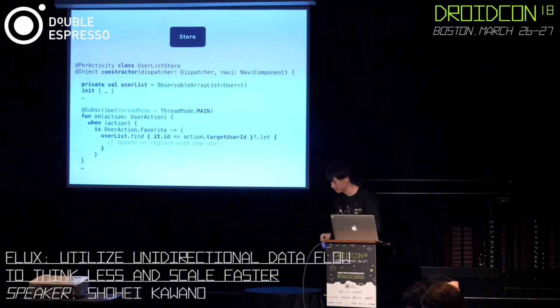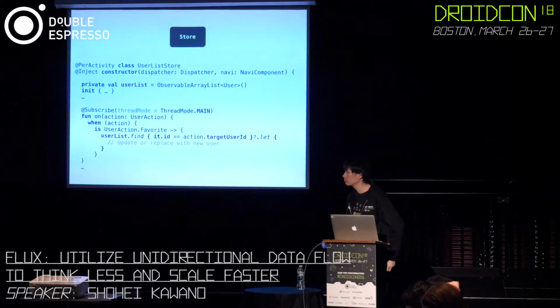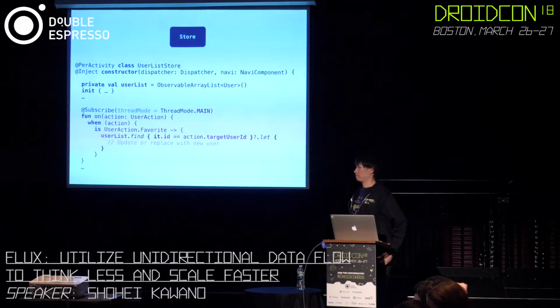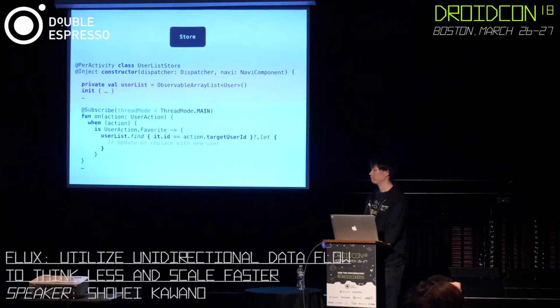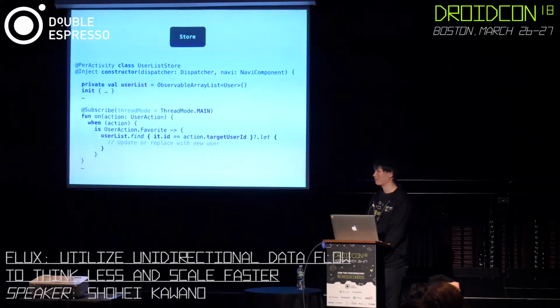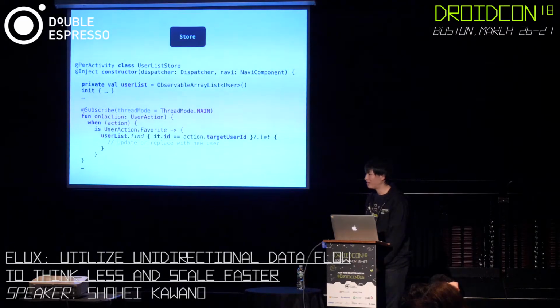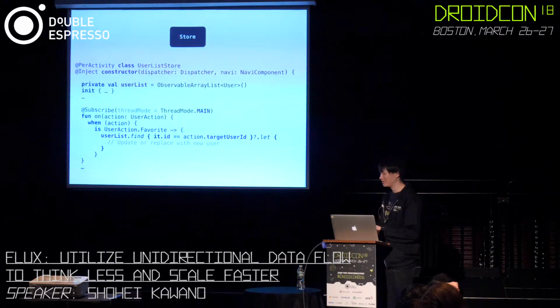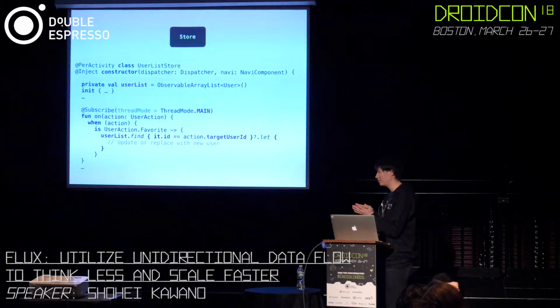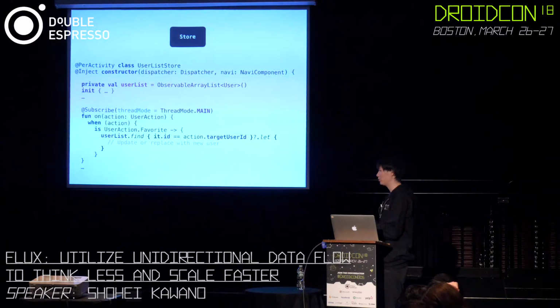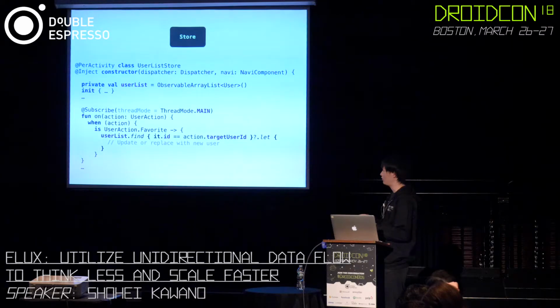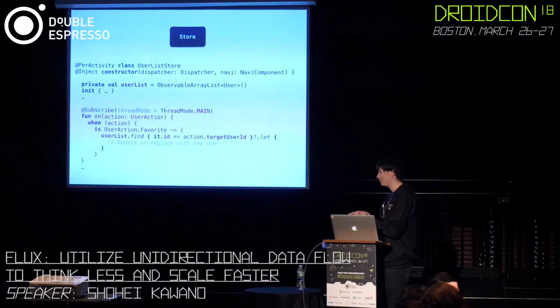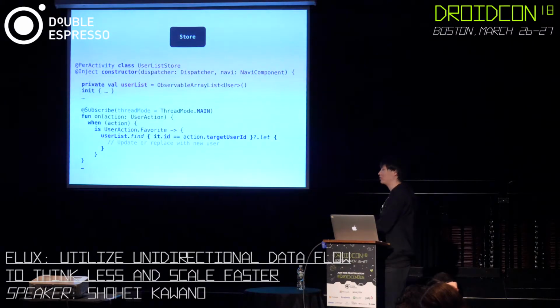I know Flux is often related to the Redux architecture. I'm wondering if you can talk about what kind of differences there are. In my understanding, Redux is a kind of Flux architecture, but the difference is that Redux has only one store throughout the application, whereas in Flux you can declare multiple stores.